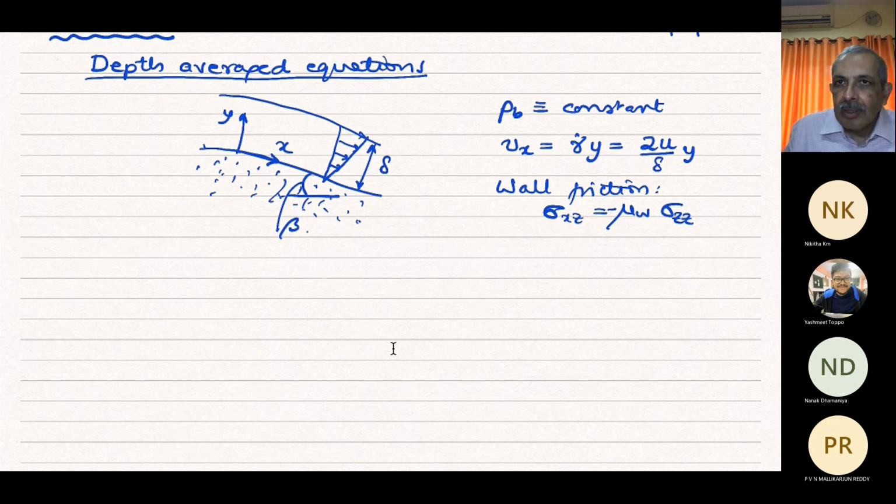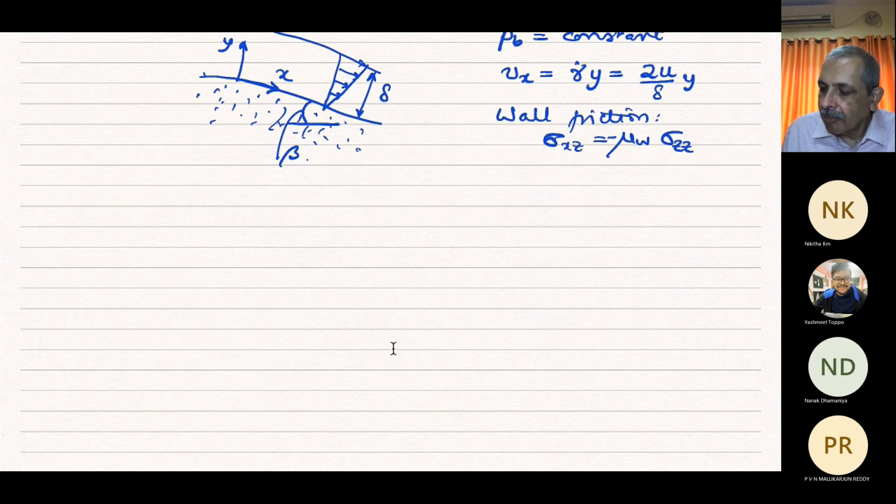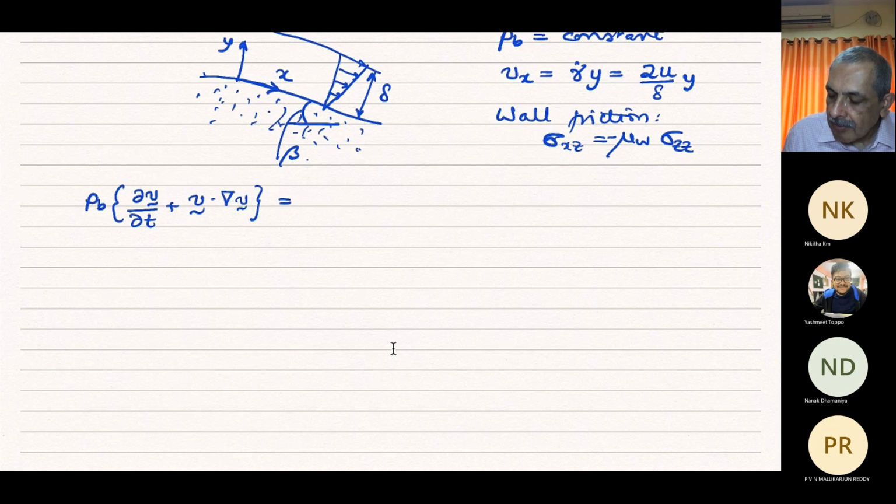So I want to start, and we have decided to look at the momentum balance equation. Now let me go one step further back from what I was talking about last time. We know that the momentum balance equation is given by, okay, this is in terms of the total stress.